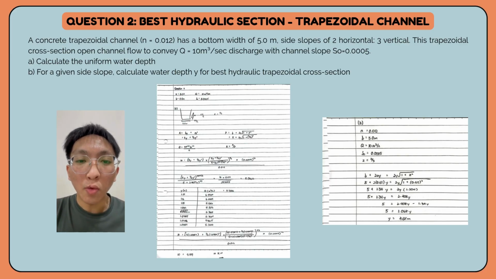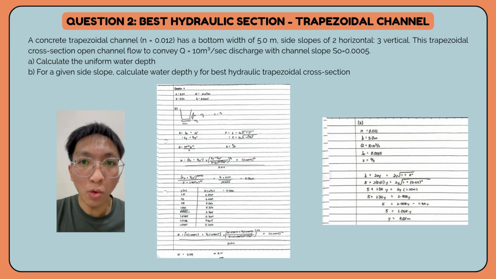Next, we need to find R, but before that we have to find P, which is the wetted perimeter. The P formula is B plus 2y square root of 1 plus Z squared, so we get 5 plus 2y square root of 1 plus open bracket 2 over 3 close bracket squared.